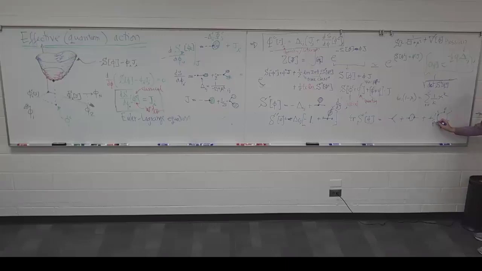So what turns out is that this determinant can be expressed in terms of functions of the classical field, because this is a function of the classical field, and the kth term will be order g to the k. So I have all corrections that contain one loop from this calculation.